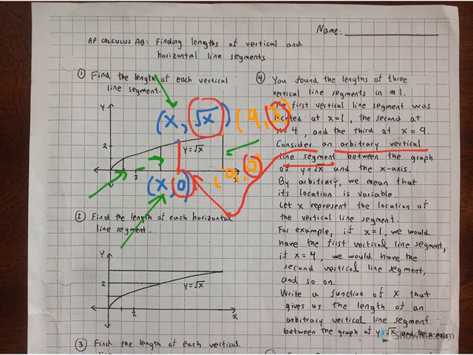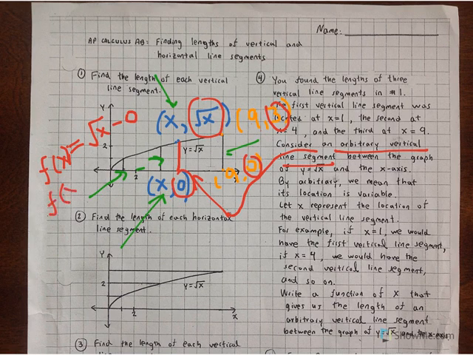So our function of x that would give us the length of an arbitrary vertical line segment between the graph of y is equal to square root of x and y is equal to 0 is f of x is equal to the square root of x minus 0, top minus bottom.